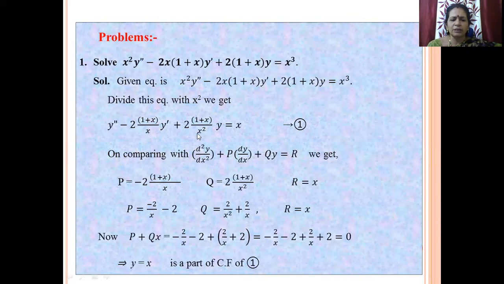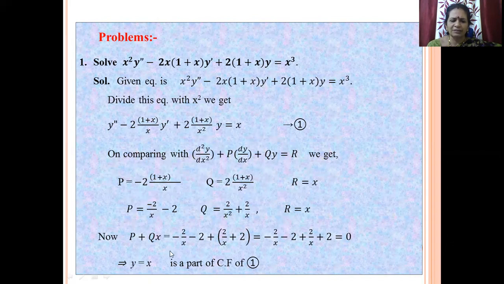Now compare this equation with the general equation of the linear equation with variable coefficients. From that we get p is this value, q is this value, and r is equal to x. Now simplify p, q and r.